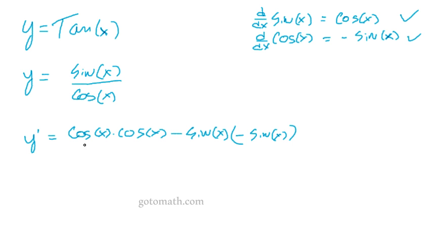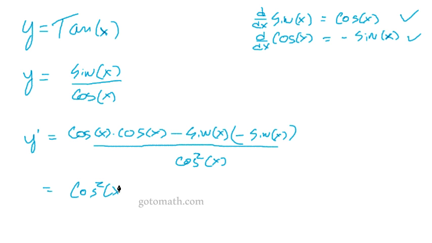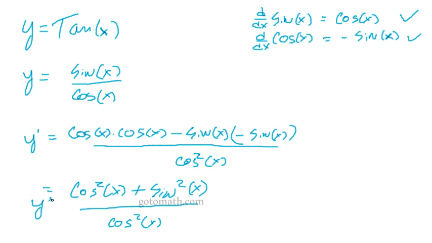And it's all over the denominator squared. Now what we can do is clean this up a little bit. We got cosine squared x plus sine squared x, all over cosine squared x. Of course, this is our y prime.